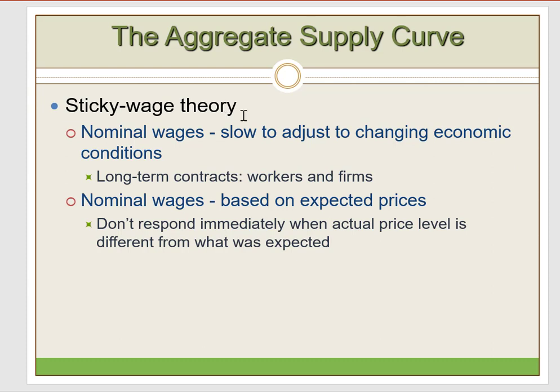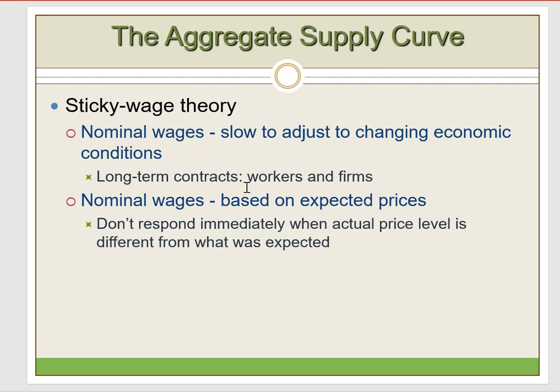Now, the first one is the sticky wage theory. Imagine that you applied for a job and you got a job. You are given a long-term contract with a long-term wage rate, based on the expectations of higher prices in the future. Let's say you have been given a higher than average wage rate.